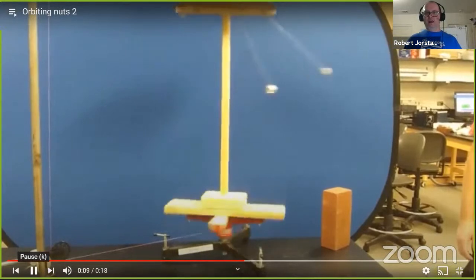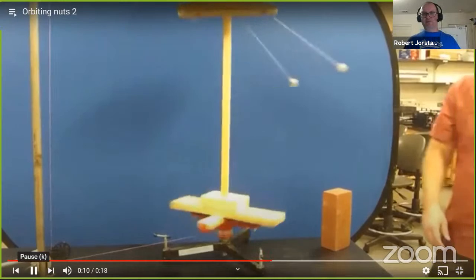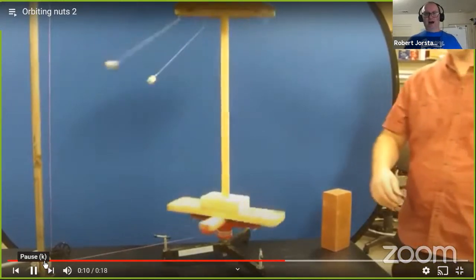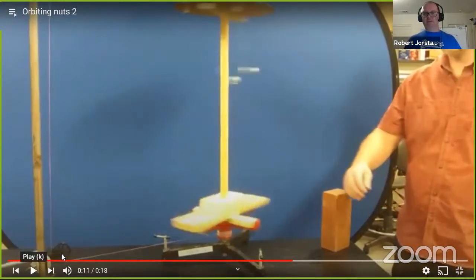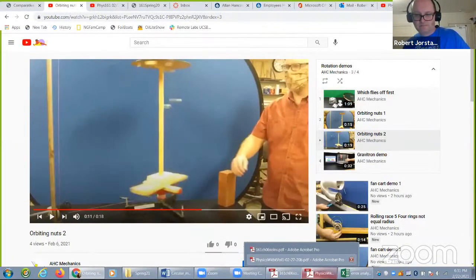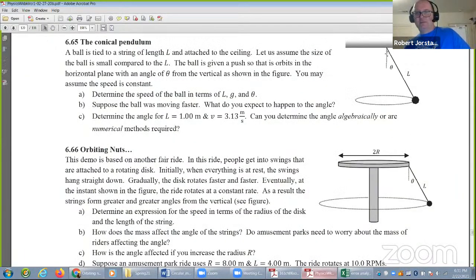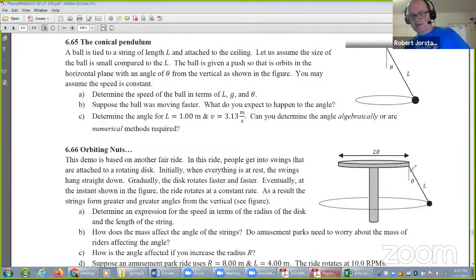Now, one of the things here, I probably could have done a little bit more gradual acceleration. I probably should have used a slightly smaller mass. I don't know if you could tell, but actually the string is not only pulling straight towards the center, it's actually pulling it slightly forwards, and that's to be expected. To be clear here, this is a very challenging thing to try and describe.